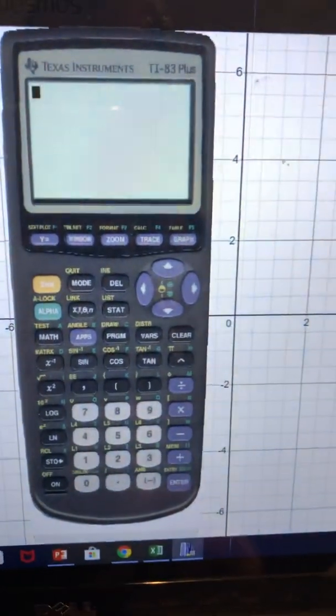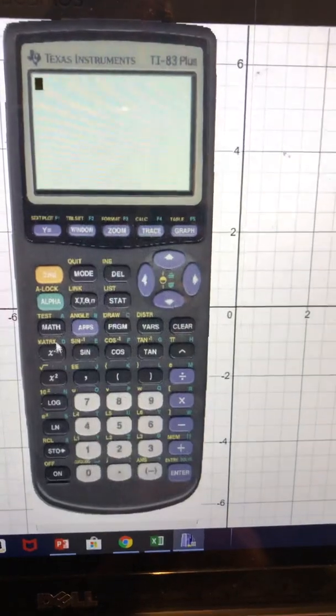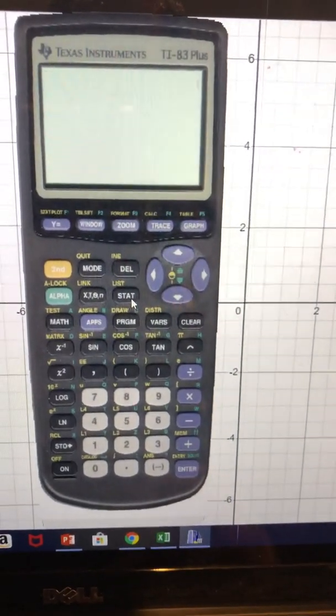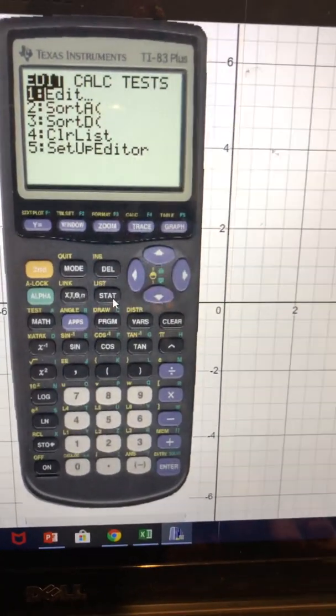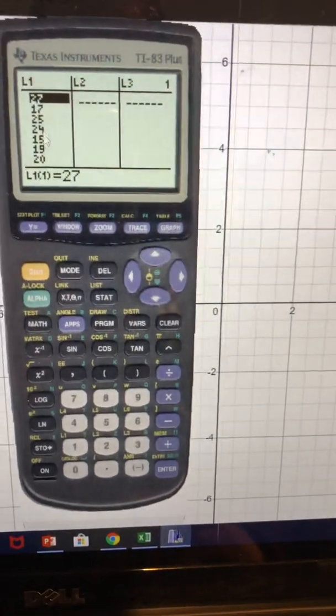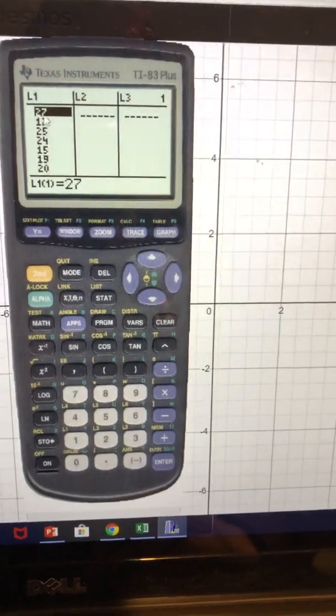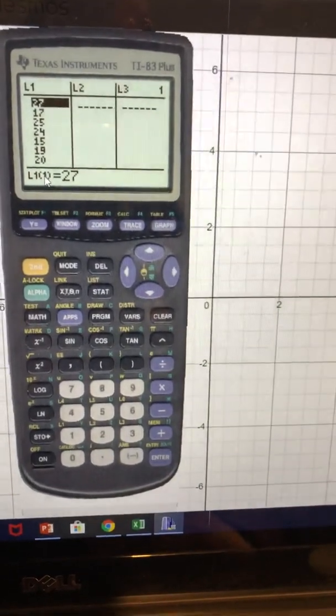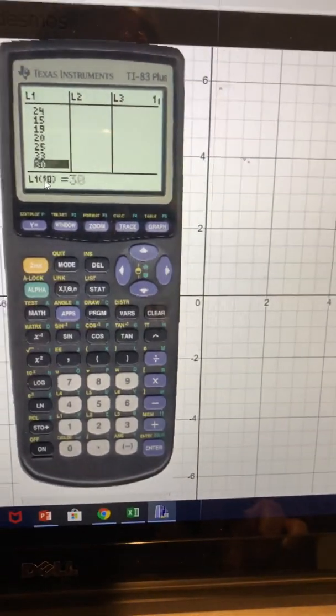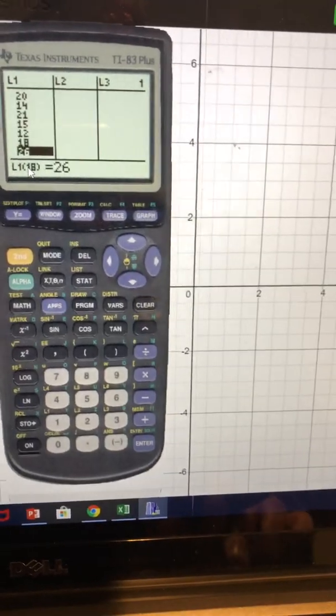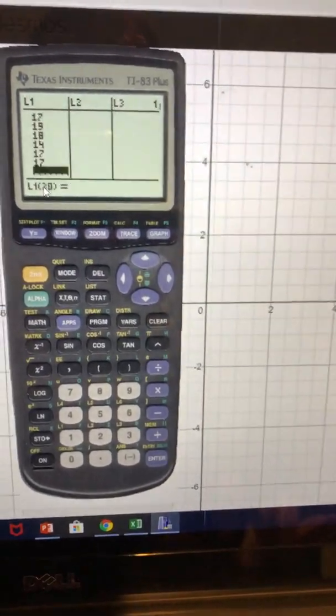First off, if you're going to use the calculator, I have the calculator on the computer, and I've already typed this in just because it took a minute. So you go to Stat and Edit, and here's my list of numbers typed in, 27, 17, 25. You just type in a number, hit enter, go all the way down until you get to your last one. There should be 29 total.